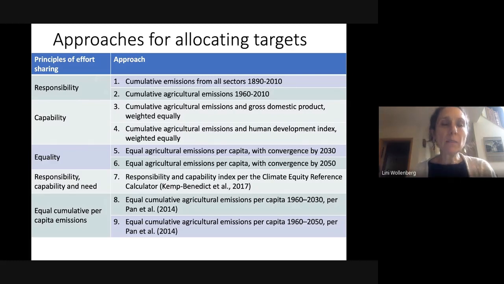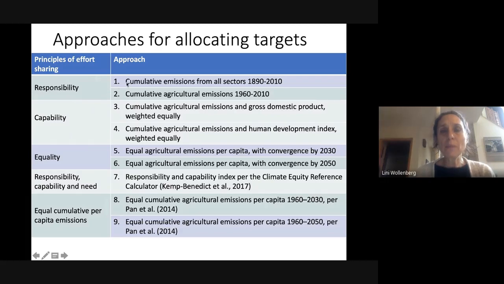But when you dig a little bit deeper, you find that there are lots of principles related to equity, and there's been some very good work on this in climate change and greenhouse gas allocation science. So I'm just going to quickly go through what some of these principles are about how to share the effort.